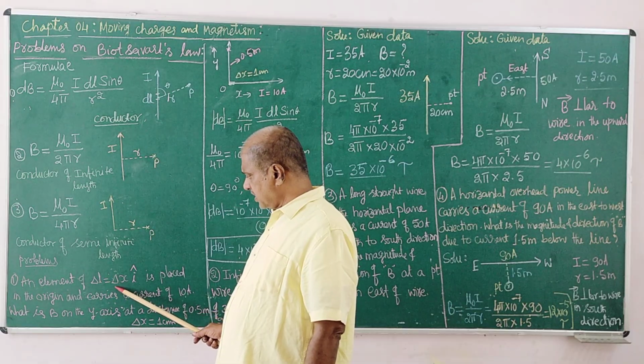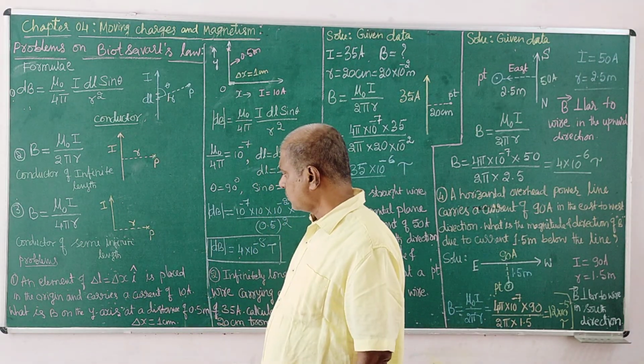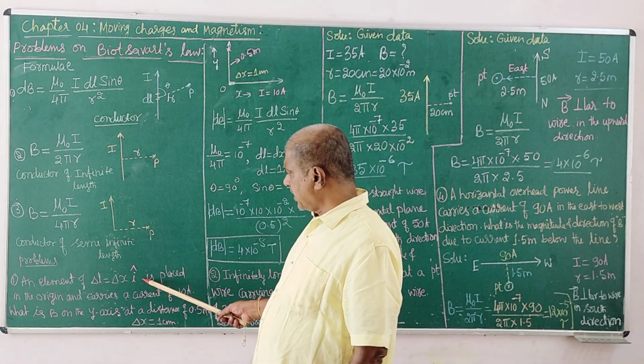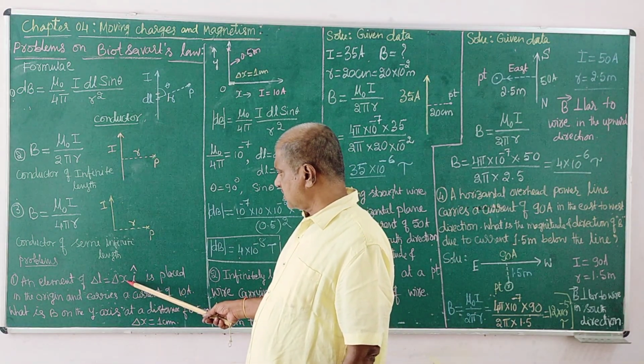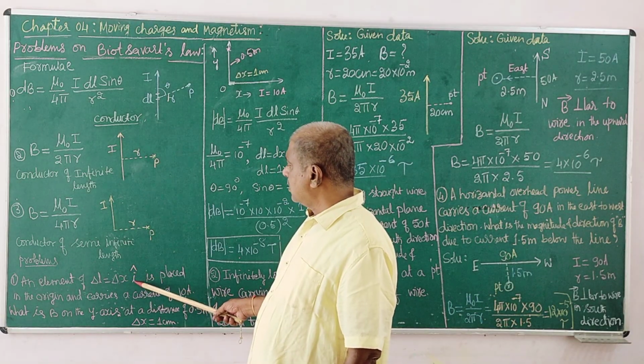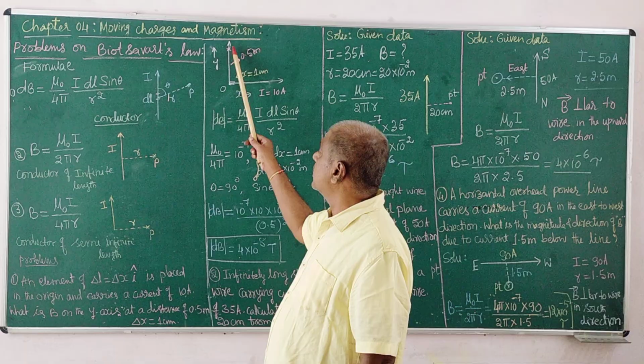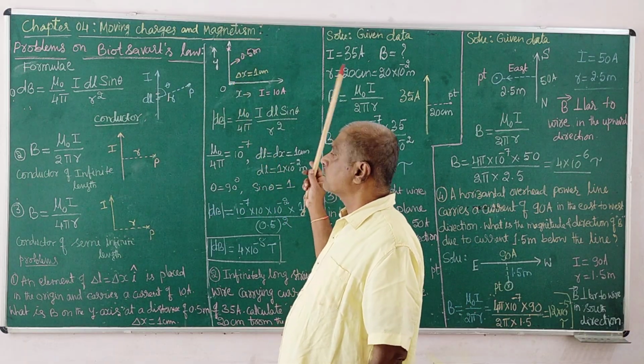It is the same as dx, a small value of x on the x axis. And the current direction is along the x axis. The pictorial representation of this data is the one drawn here.